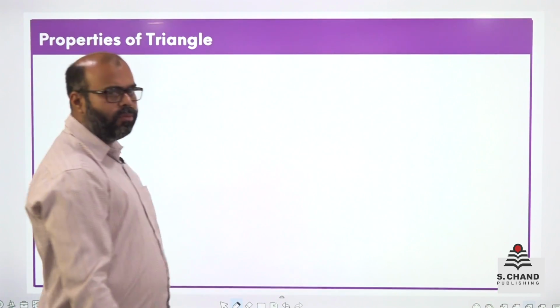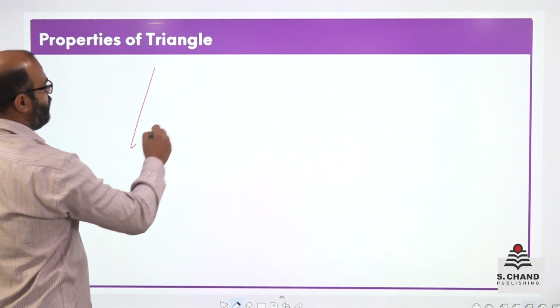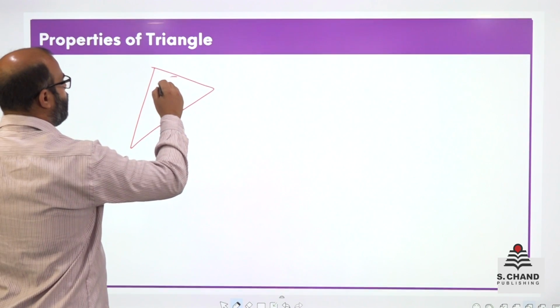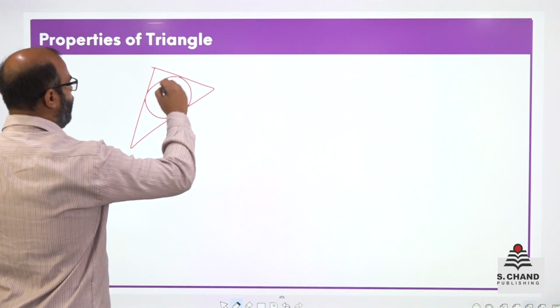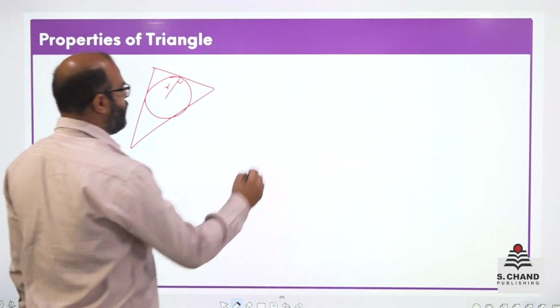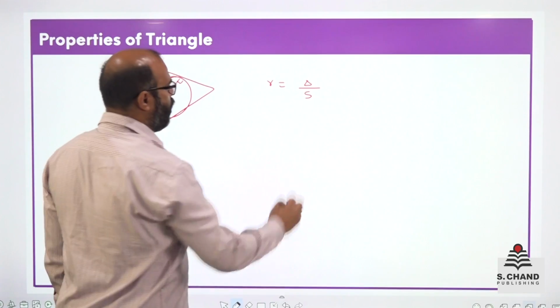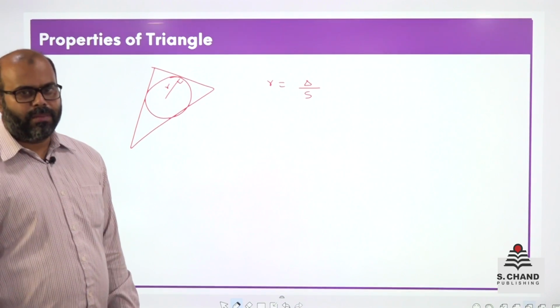Now there are a few formulas about inradius. What is the inradius? Inradius is the radius of the incircle of a triangle. So this is the inradius r, and this inradius is given as triangle area divided by semi-perimeter.